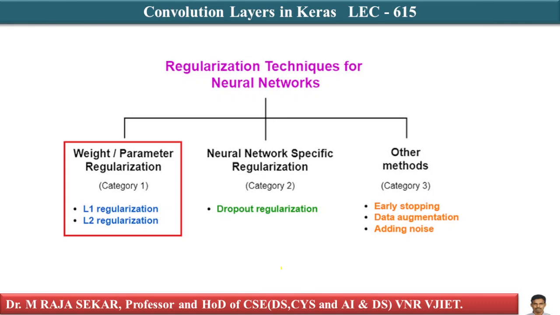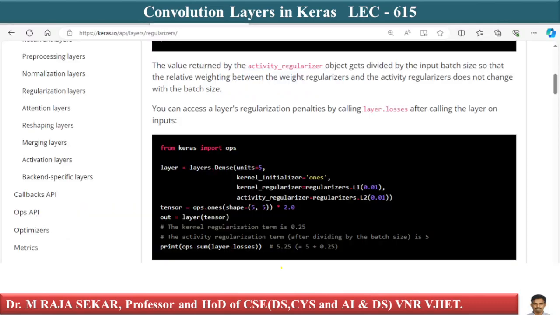Weight or parameter regularization, that is category 1. Neural network specific regularization, that is category 2. Other methods, that is category 3. In category 1 you have L1 regularization and L2 regularization. Neural network specific dropout regularization comes under category 2. Early stopping, data augmentation, which I already discussed, and adding noise come under category 3.